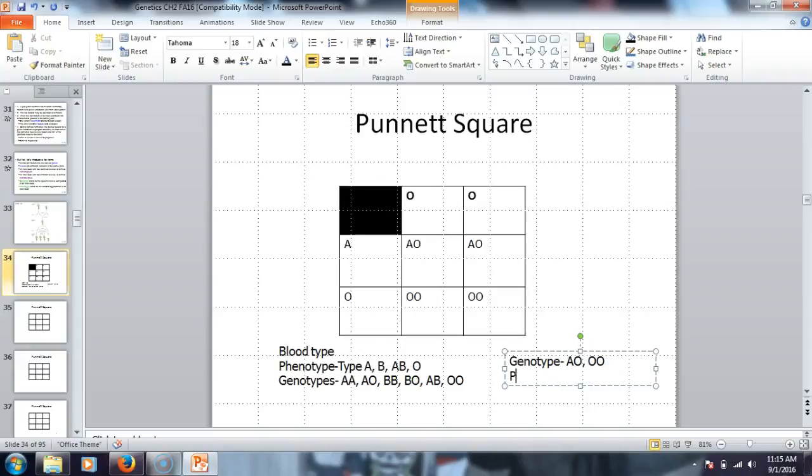So the phenotypes are either A-type blood, right? Or O.